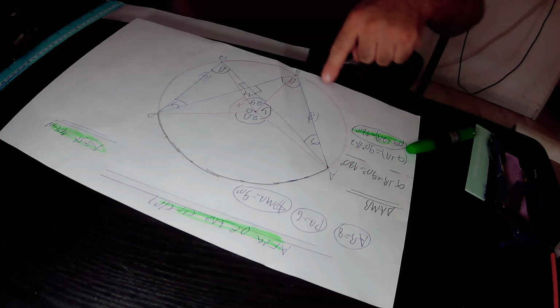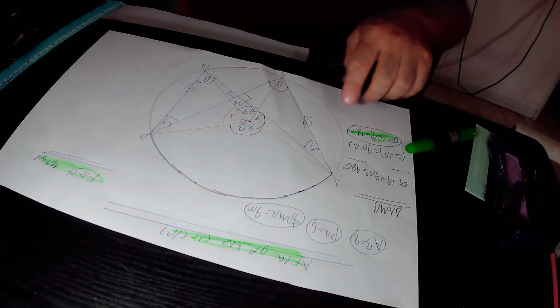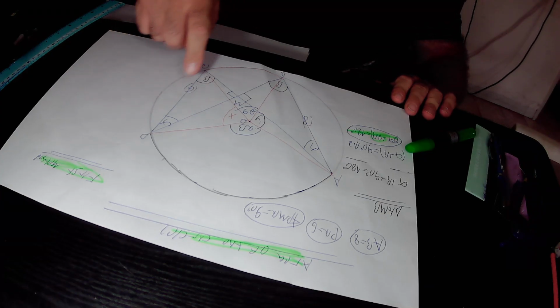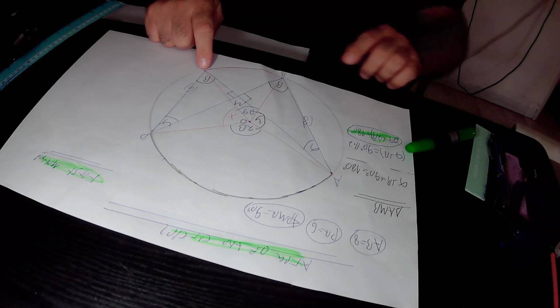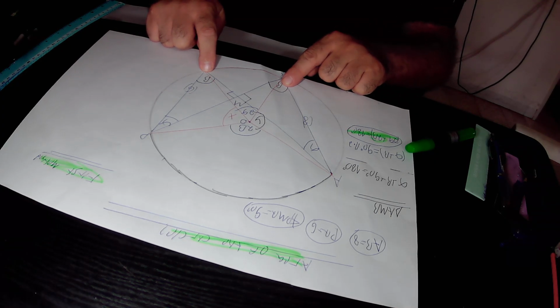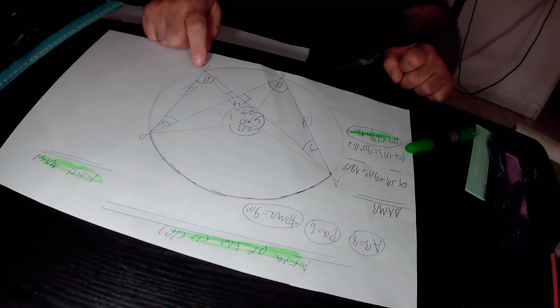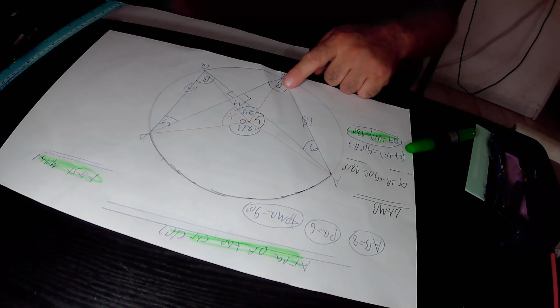This is peripheral angle ABP that subtends arc AP. Likewise, this is peripheral angle PQA that subtends the same arc AP. Because those two peripheral angles subtend the same arc, they must be equal to each other in their sizes. So if the size of this peripheral angle is beta, then the size of this peripheral angle must also be equal to beta.